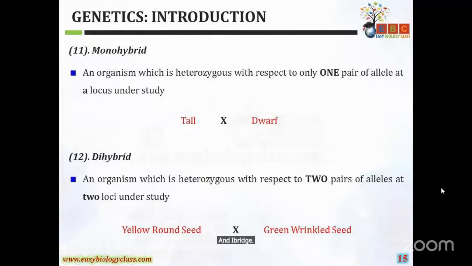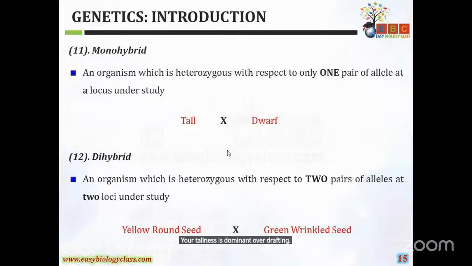An organism which is heterozygous with respect to only one pair of allele at a locus under study. So when we have tall by dwarf, when you have tall and you cross it with dwarf, you are going to get tall, because tallness is dominant over dwarfism.